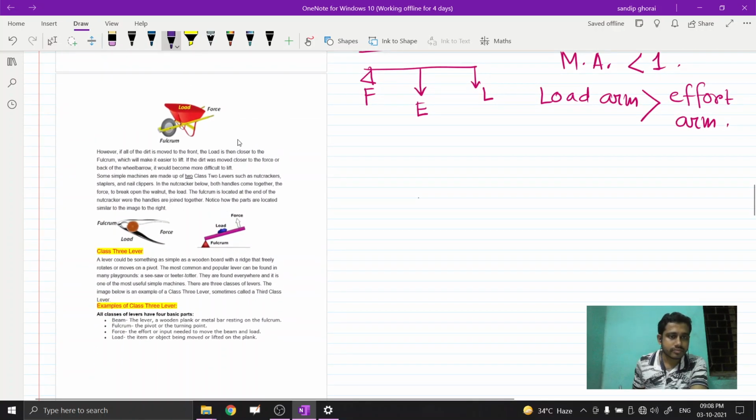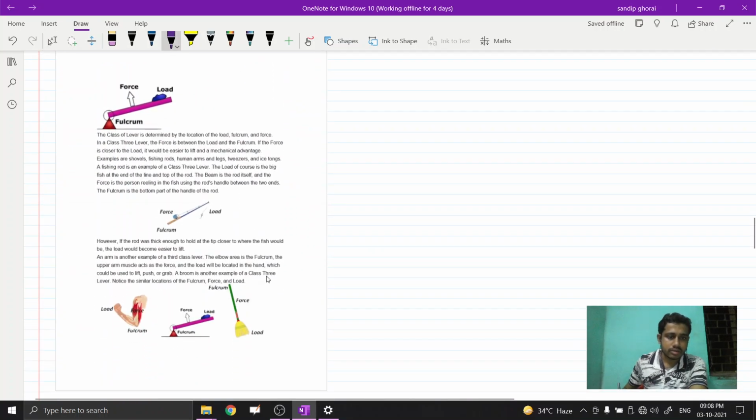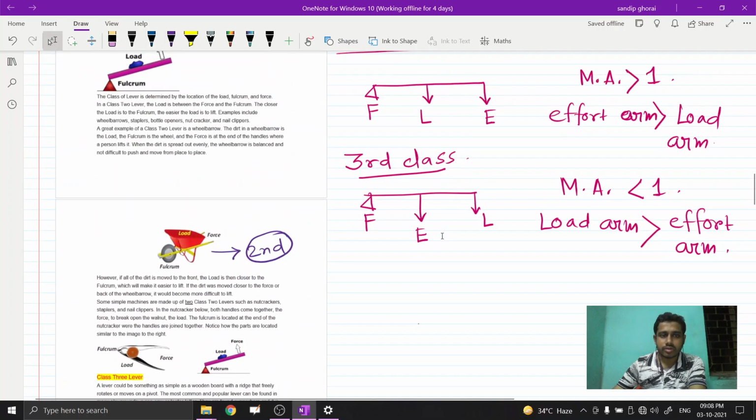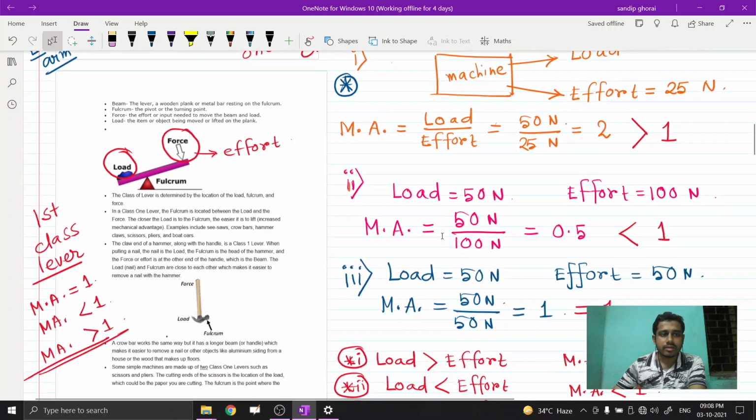And if we take third class, then these are the third class levers. So here we get some basic idea of three different types of lever.